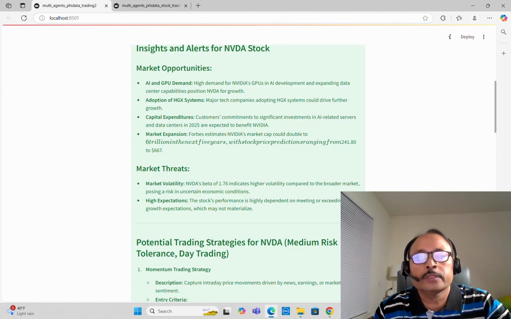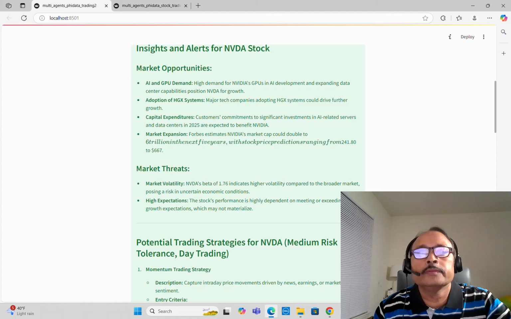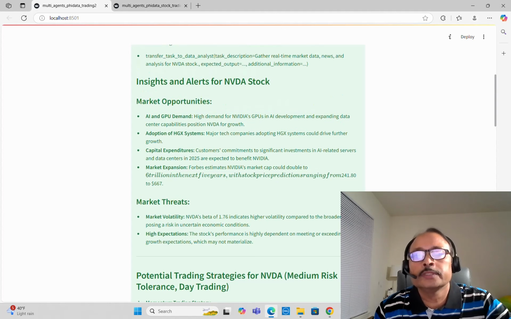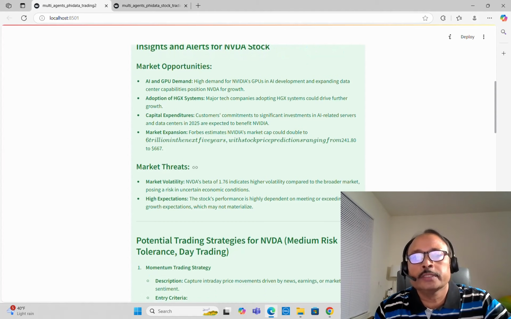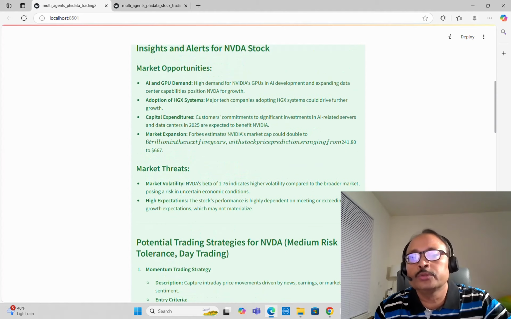Then the adoption of HGX systems, developed by NVIDIA. Some major tech companies, some of their customers, are adopting HGX systems that could drive further growth. Then capital expenditure: customers' commitment to significant investment in AI related servers and data centers in 2025 is expected to benefit NVIDIA.